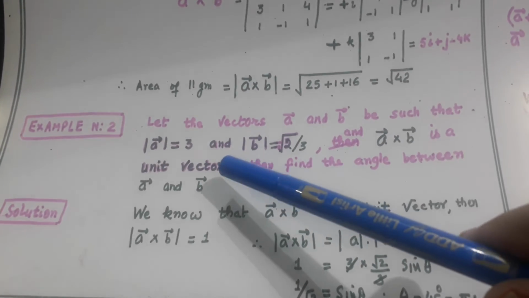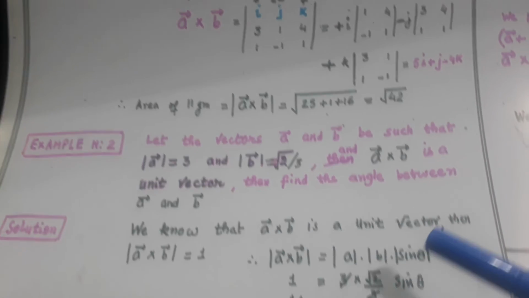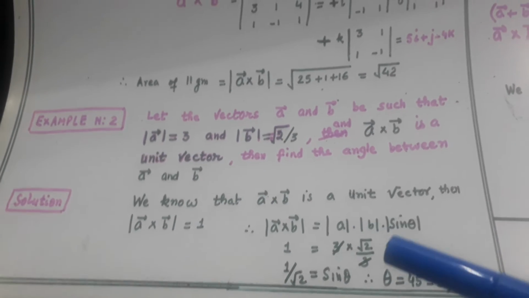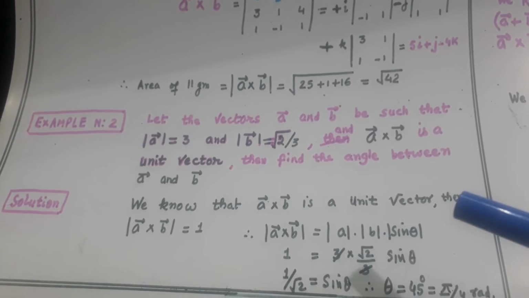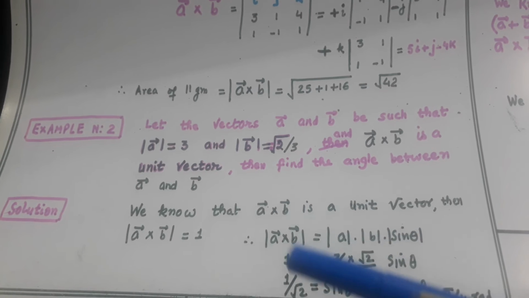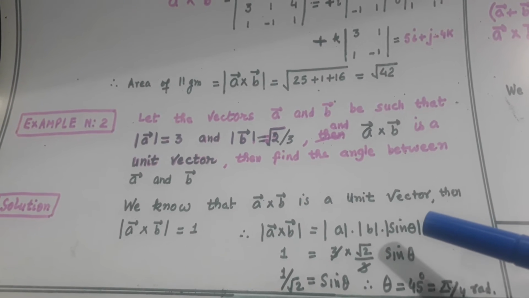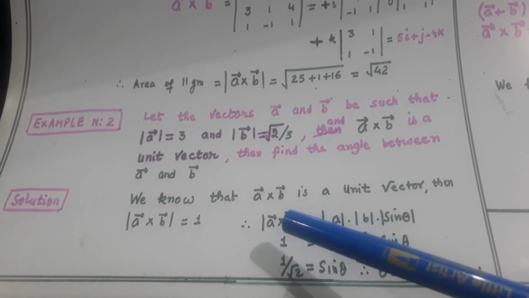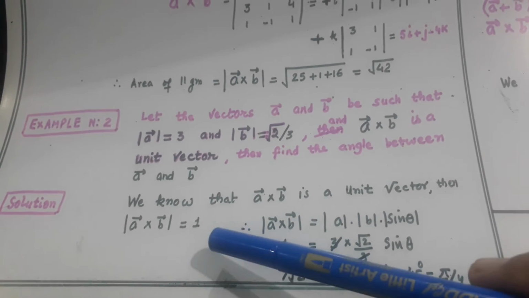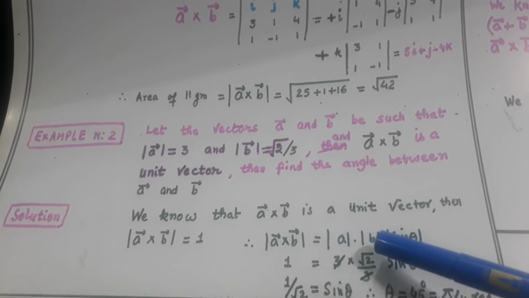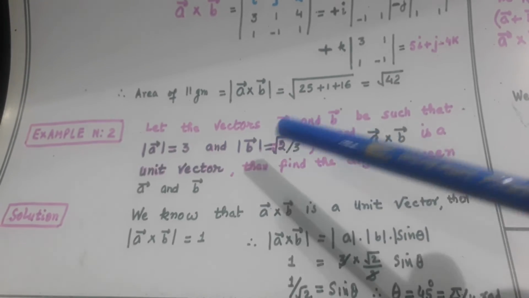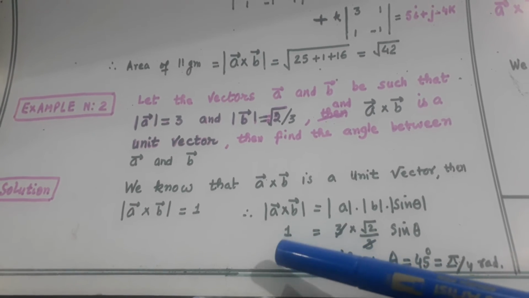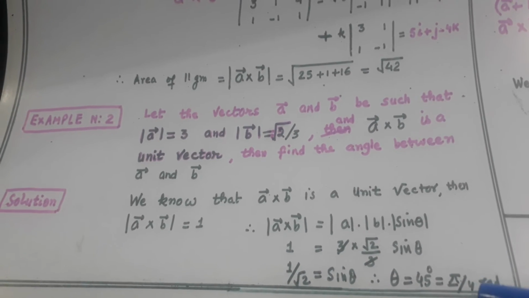Then the magnitude of A cross B is equal to 1. So A cross B is equal to AB sine theta. We have taken the magnitude. Magnitude of n cap is 1, we have not written it. So A cross B is given as 1. A, B, they are also given. Find only sine theta. So sine theta comes 1 over root 2, theta will be 45 degrees.